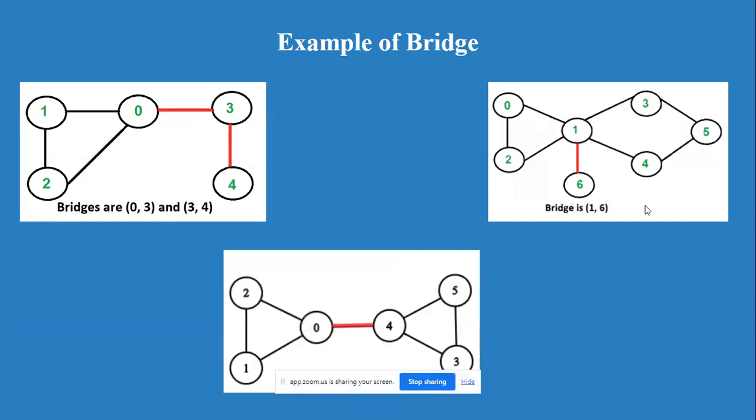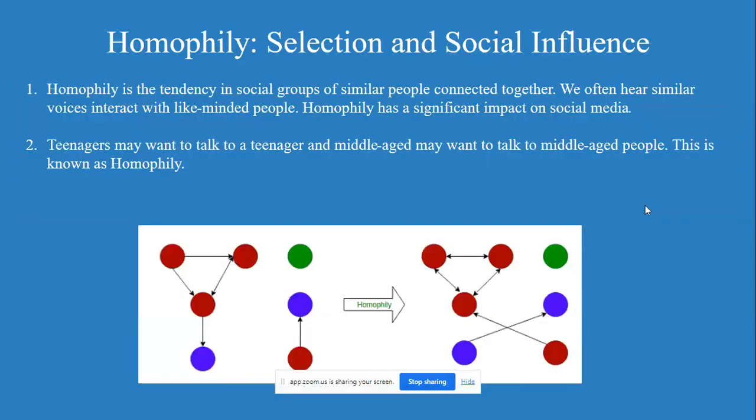Similarly, in other networks, in figure number 1, edges 0-3 and 3-4 will be the bridges. In figure number 2, the 1 to 6 edge will be the bridge. In figure number 3, 0 to 4 will become the bridge in the network.